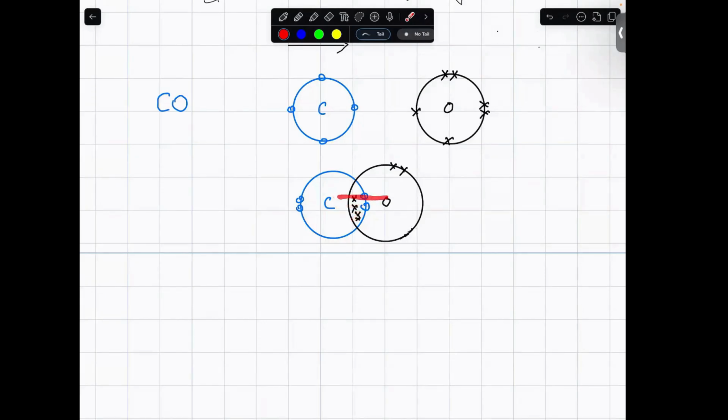There is mutual sharing, but this is one-sided sharing. The donor is oxygen and the carbon is the acceptor. So there are 2 covalent bonds and one is dative. Oxygen is the donor, carbon is the acceptor, and both have a complete last shell, 8 electrons each.